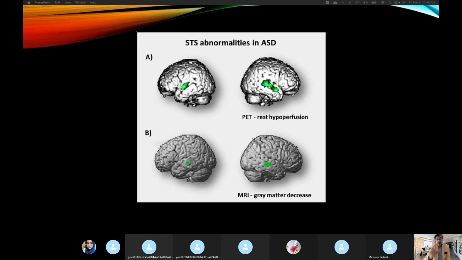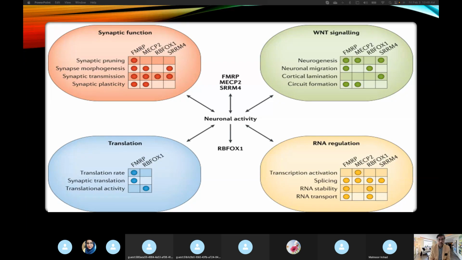This is again not proven with fact. The PET scans in autistic children show STS abnormalities, which is gray matter decrease in some areas of the limbic lobes, which can be a cause of autism.